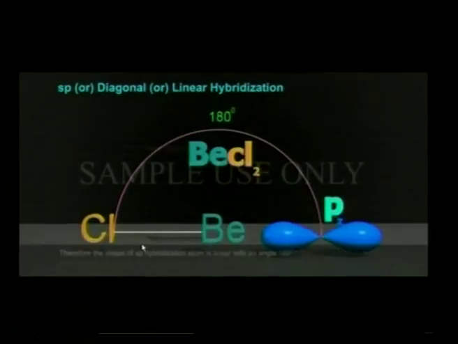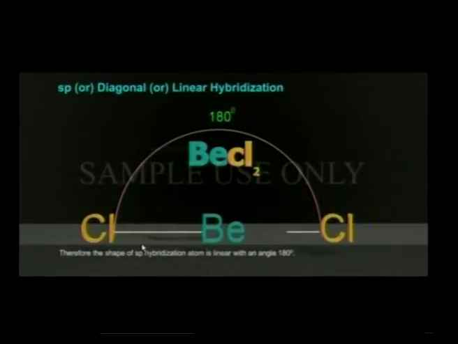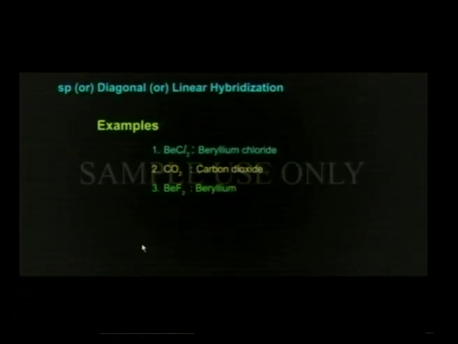Are you observing that video? The shape is linear and the bond angle is 180 degrees. Can you give examples for this? Beryllium chloride, carbon dioxide, beryllium fluoride, acetylene and carbon monoxide. These are the examples for sp hybridization.